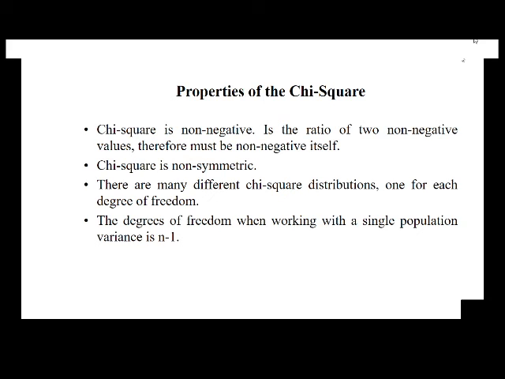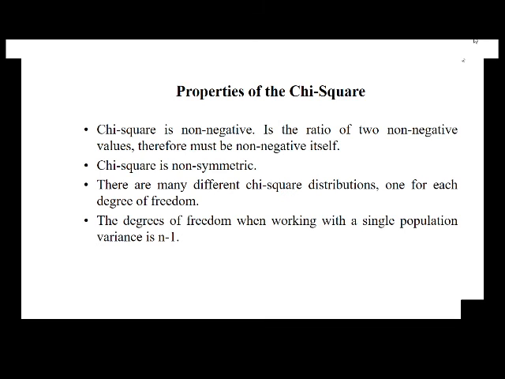The degree of freedom means the number of classes to which values can be assigned arbitrarily, or the number of values that are free to vary given the restrictions or limitations placed.